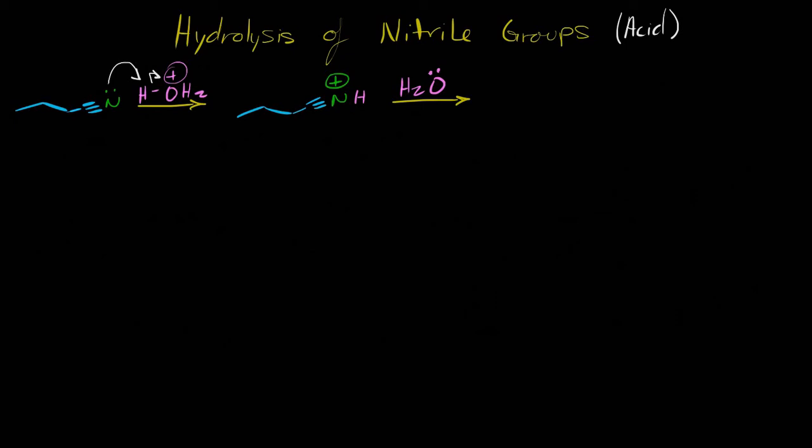So there's our water. Our water is going to see something that's partially positive. Nitrile groups already have that carbon that is partially positive, but when you attach that extra proton to nitrogen, you make them even more electrophilic. And so we see the oxygen of water attacking that carbon, and then nitrogen gets its electrons back.